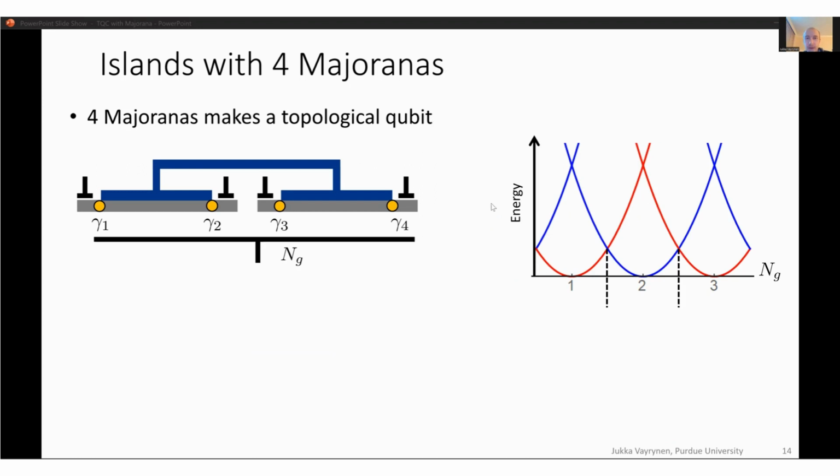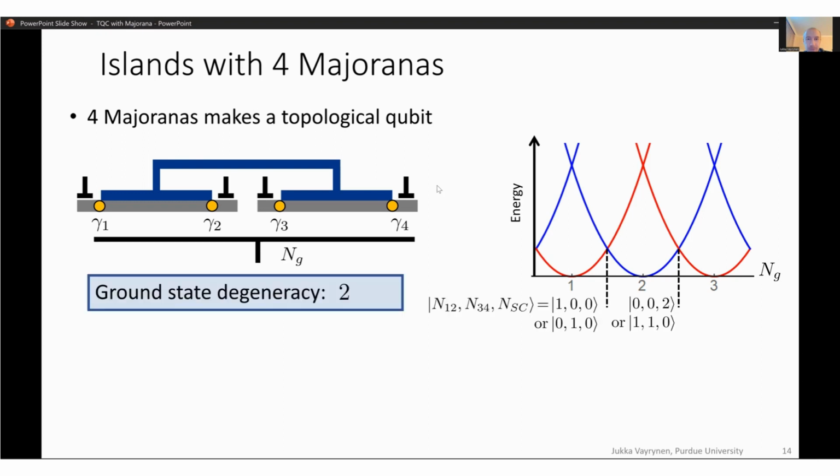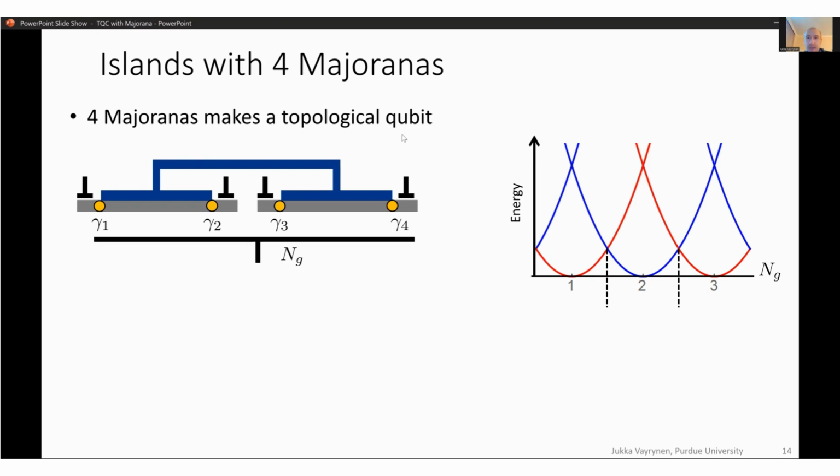So as before, now we have 2 wires and each of them has a superconductor, we will have 2 occupation numbers for the Majoranas, which are N12 and N34. Each of them can be 0 or 1.